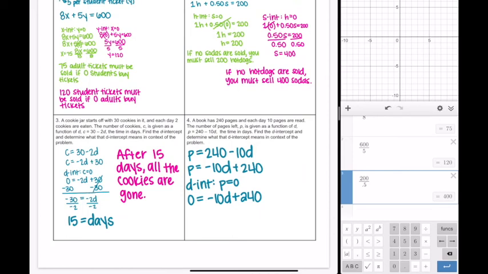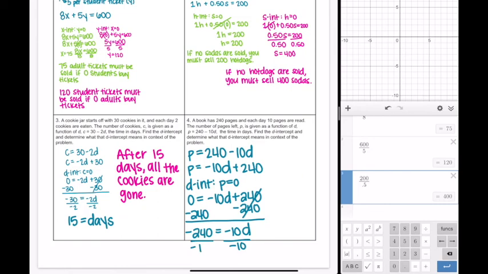Well, to solve for D, to get the D-intercept, we would subtract 240 from both sides. So that's negative 240 equals negative 10D, and divide by negative 10.